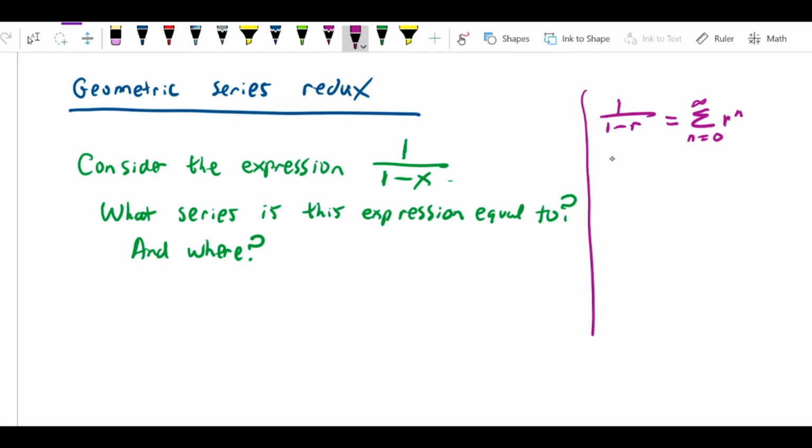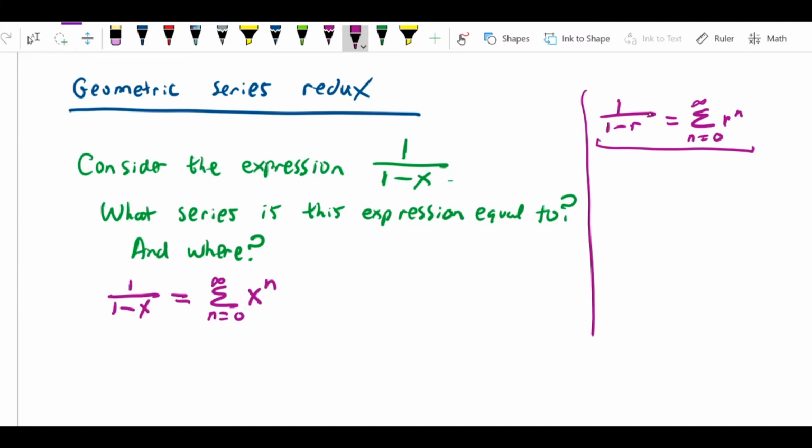That really shouldn't change just because I've changed the name of the symbol from r to x. So it is correct to say that 1 over 1 minus x is equal to the sum from n equals 0 to infinity of x to the n. All I've done is change the name of the symbol in this expression.